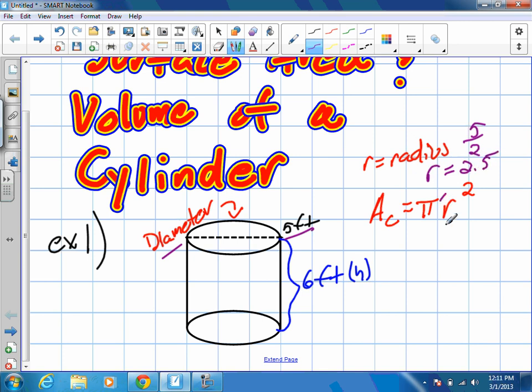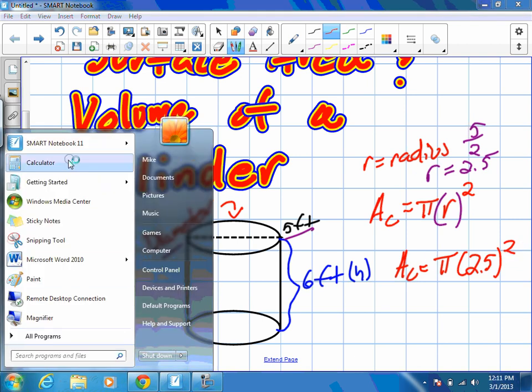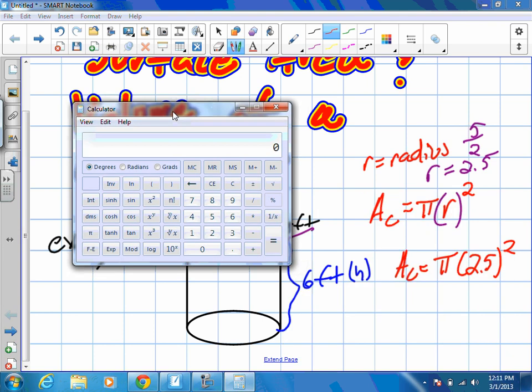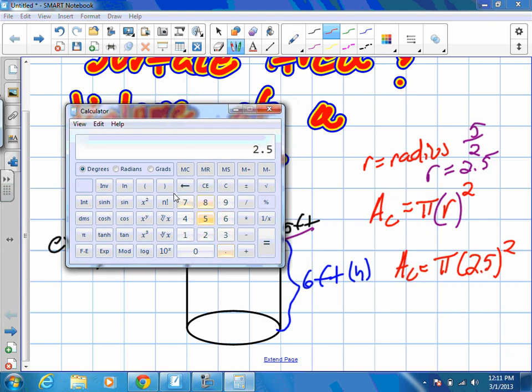Now we can solve for the area of that circle. The area of the circle is equal to pi times 2.5 squared. So we're going to bring up our calculator here. 2.5 squared is 6.25.